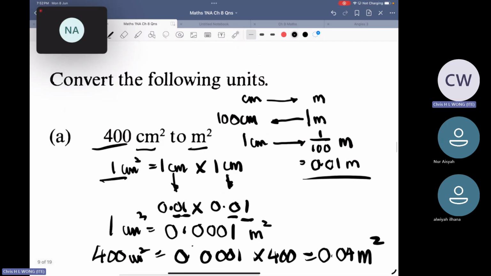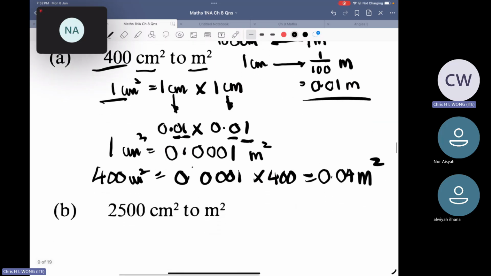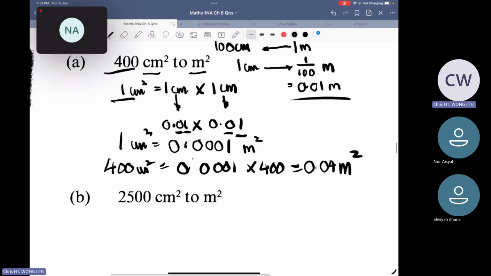Okay. You do the next one for me, please. I'll leave it to you. Let me see what you answer. 2,500 cm square to meter square. Same thing.